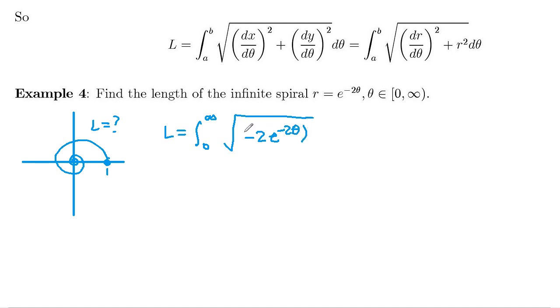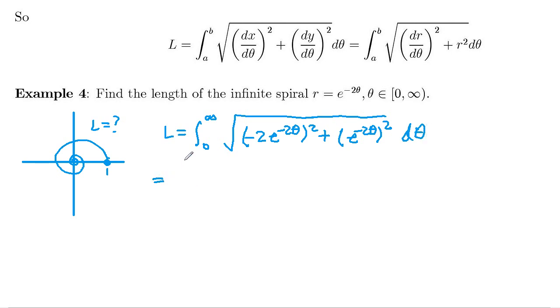That's dr d theta. It gets squared. And then r is e to the negative 2 theta. So plus e to the negative 2 theta, and that guy gets squared. And we integrate that d theta.